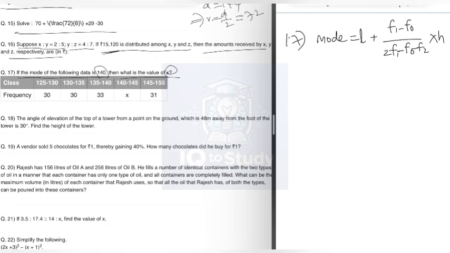Here L is the lower limit of modal class, f1 is frequency of modal class, f0 is frequency before modal class, f2 is frequency after modal class, and h is class width. Since mode is 140, then the modal class is 135 to 140.